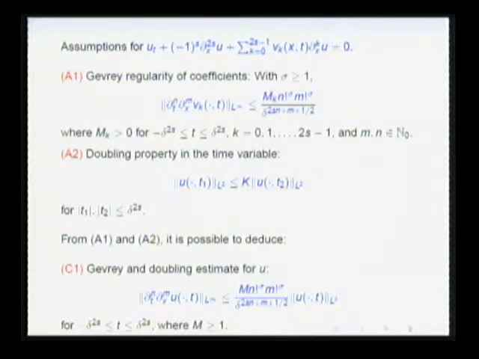Then we assume doubling property in time variable, meaning how things are growing in time. So that usually means assuming something on the initial Dirichlet quotient. And we also assume the Gevrey doubling estimate for U. Again, this assumption actually follows from 1 and 2.